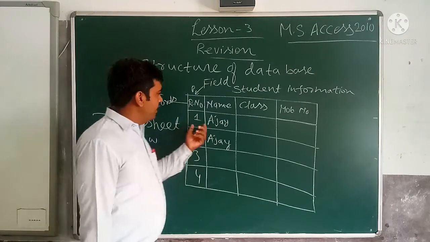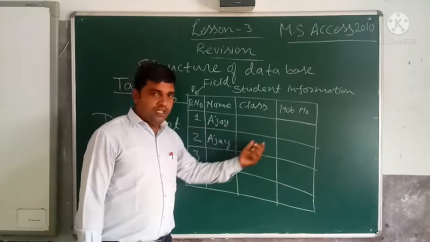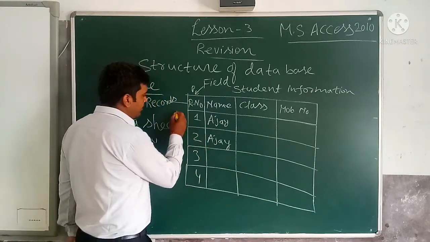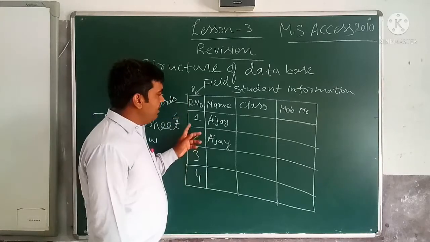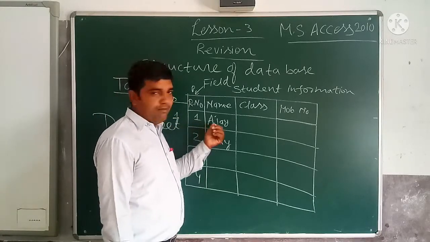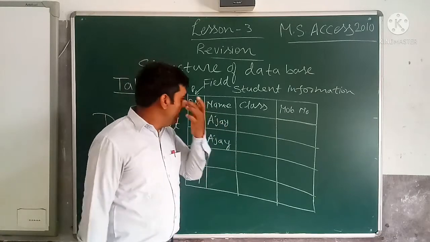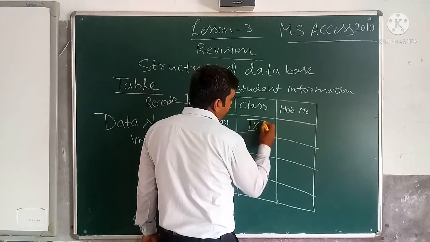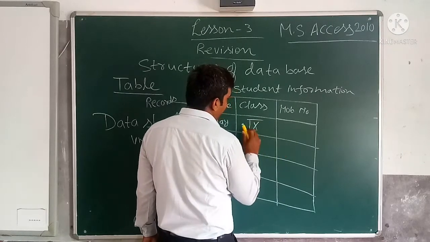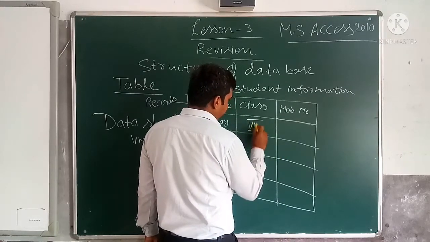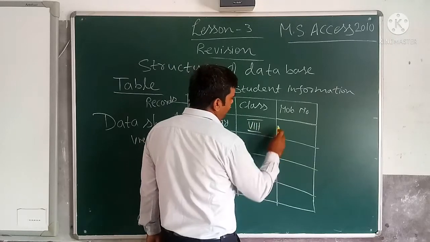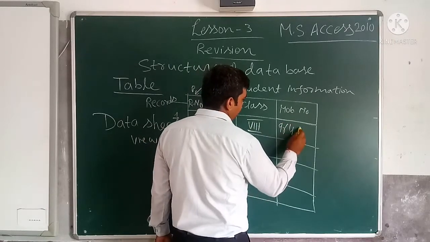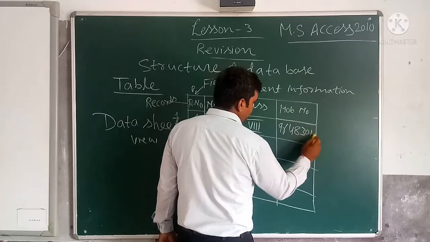So what is a record? A record is a group, a set of values. See here, this is record 1, and one record contains the information of a student having roll number 1, its name, class, and mobile number. Class of this is 9. Mobile number, class 8, and mobile number, like this.